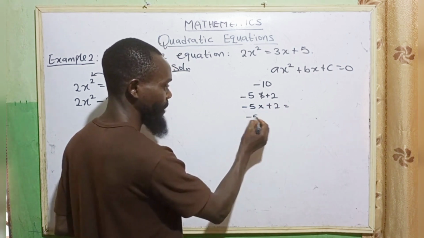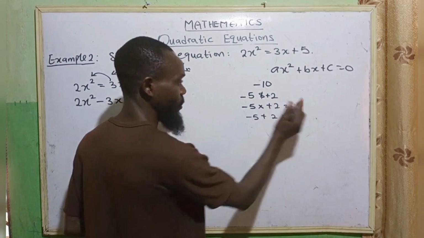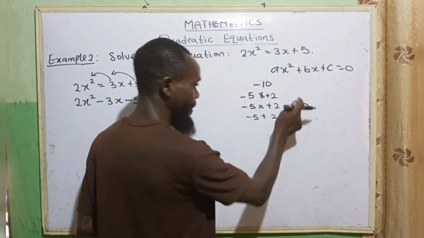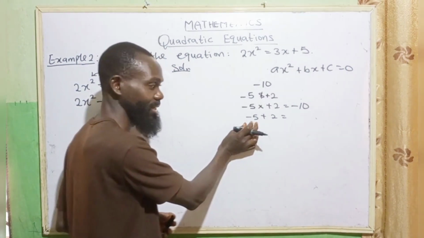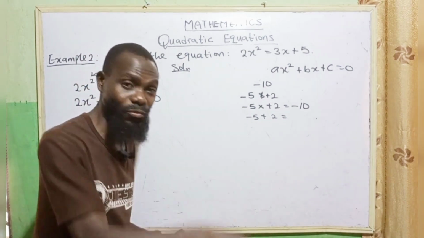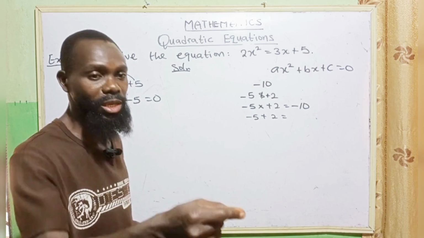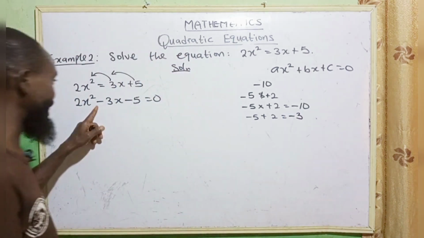Also minus 5 plus 2. Minus times plus, we have minus. 5 times 2, we have 10. I'm able to get minus 10. Minus 5, I'm owing someone 5 naira. Plus 2, I have 2 naira with me. If I should pay 2 naira from the 5 naira I'm owing, I should be left with 3 naira that I'm still owing. Because I'm owing, it's going to be negative 3. Now, I can get minus 3 here.